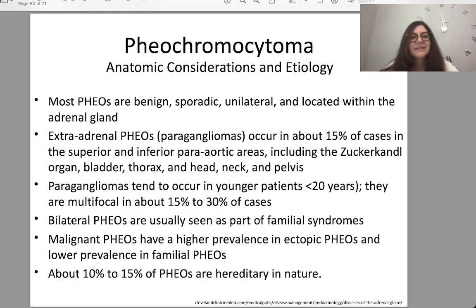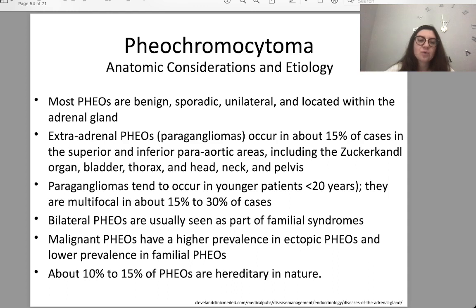Most pheochromocytomas are benign, sporadic, unilateral, and located within the adrenal gland. Extra-adrenal pheochromocytomas, or paragangliomas, occur in about 15% of cases in superior and inferior para-aortic areas, including the organ of Zuckerkandl, bladder, thorax, head, neck, and pelvis. Paragangliomas tend to occur in younger patients, less than 20 years.